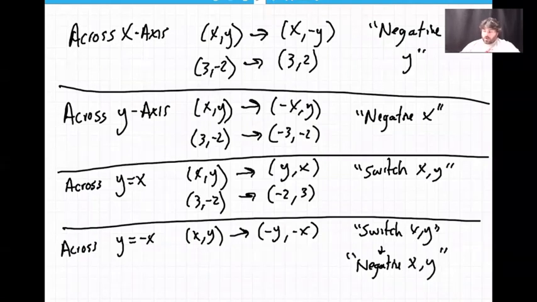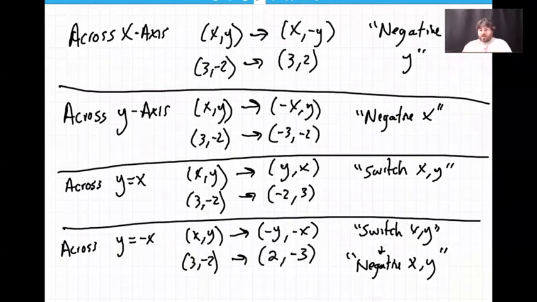So it's both. So this coordinate (3, -2) becomes (2, -3). Now think about that for a second. We switch the -2 and -3, and then we flip the sign. So it's positive 2 now instead, and it's negative 3. Okay? So that is how we do those transformations.